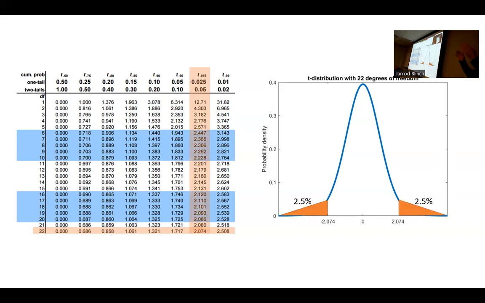So at 2.074, 95% of the mean differences are within that bound, and 5% are outside those bounds. So when we run the t-test, we're basically looking, is the t value 2.074 or larger in either a positive or negative direction, because this is a 2-tailed t-test. We'll talk about 1-tailed versus 2-tailed later.